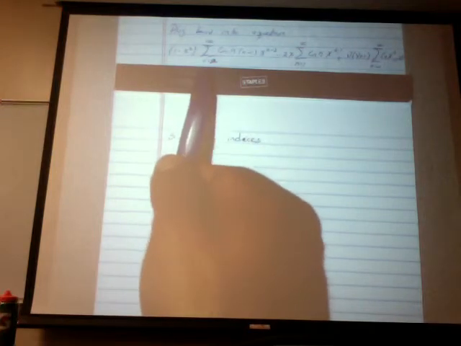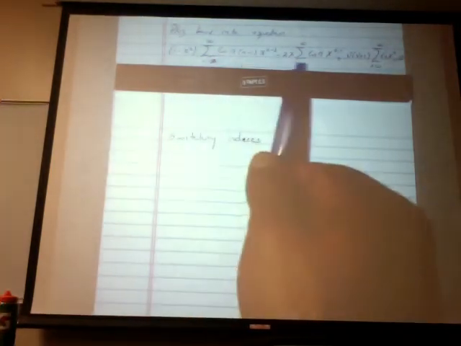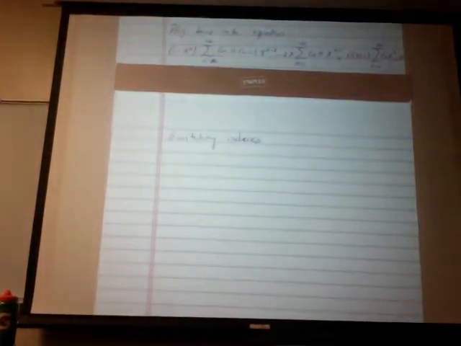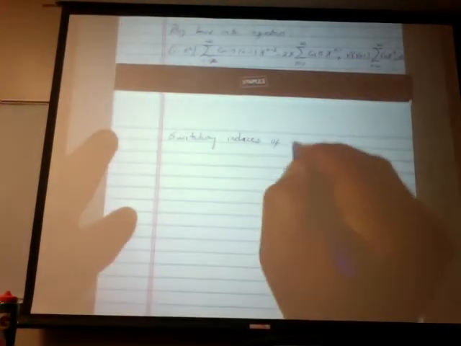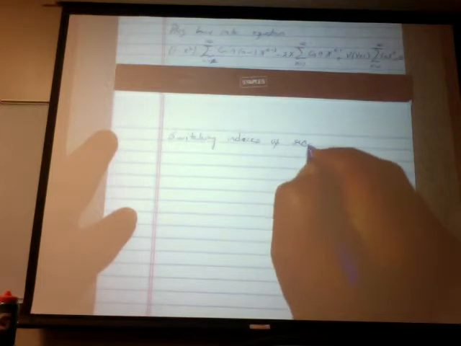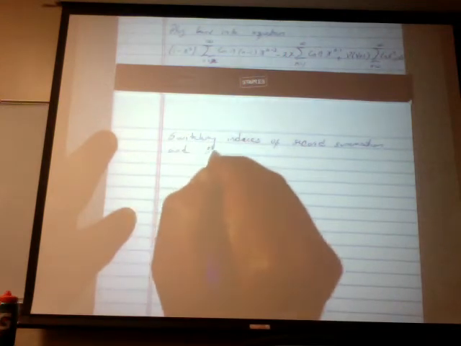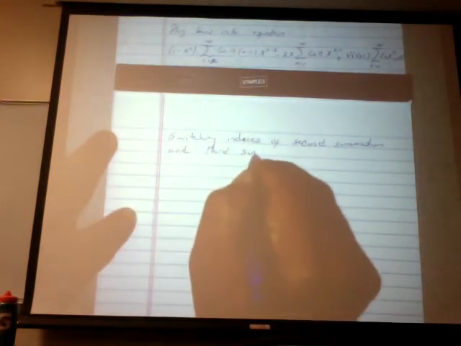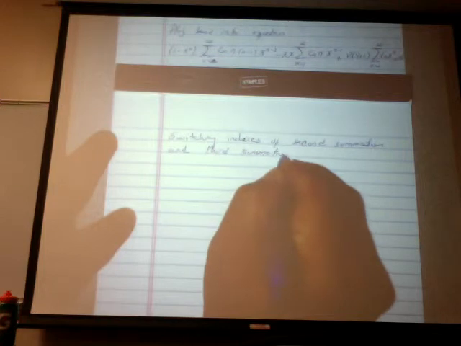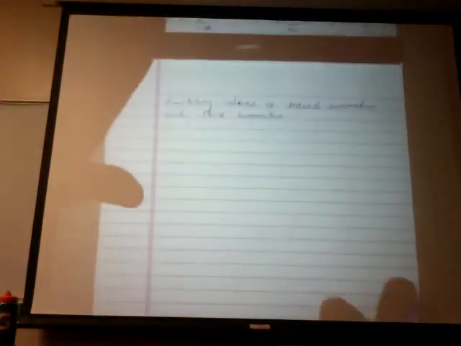This index here, actually you switch this one to n equal 2 and this one to n equal 2. So of second summation and third summation. We end up with the following.